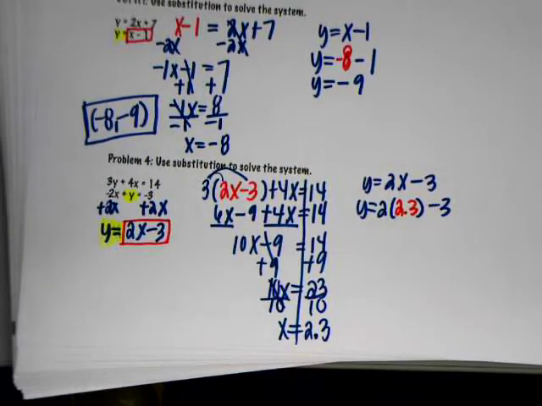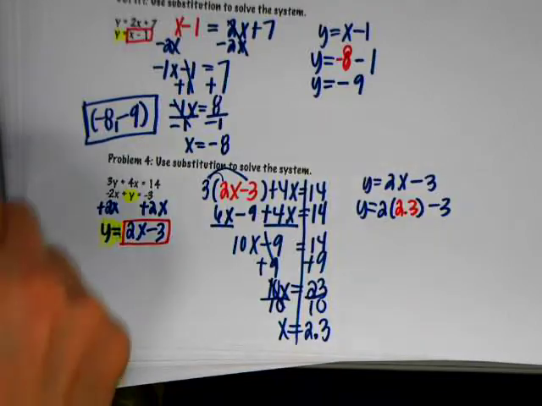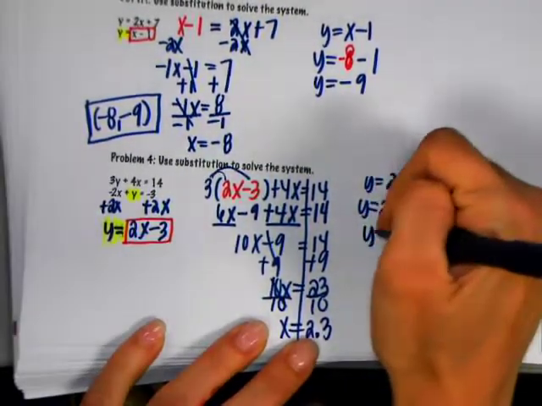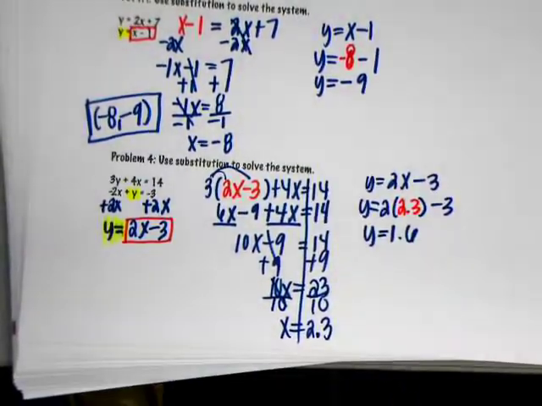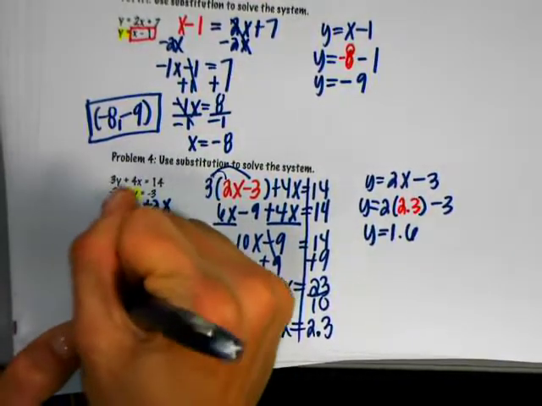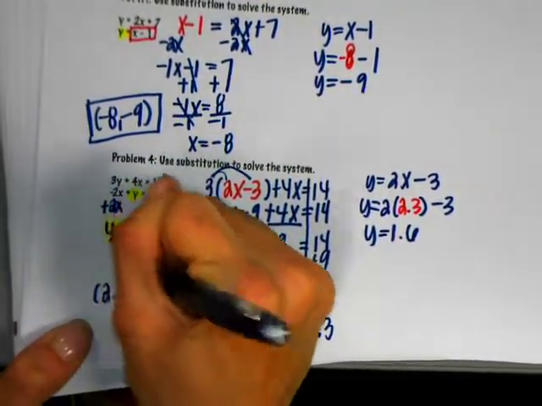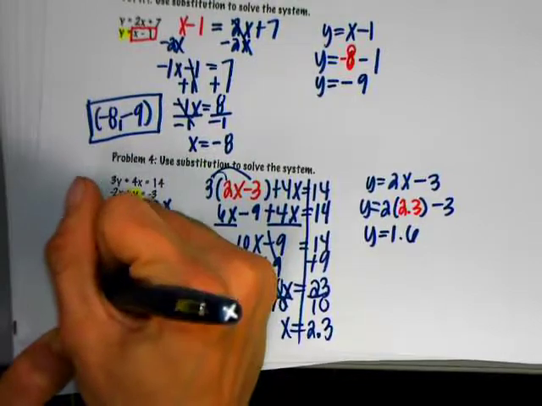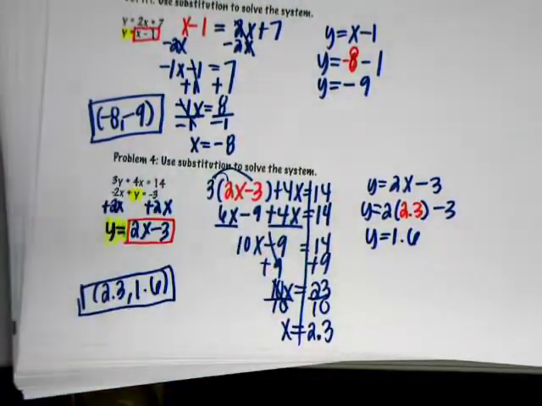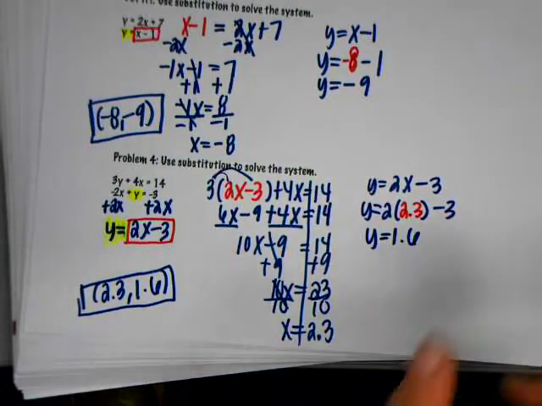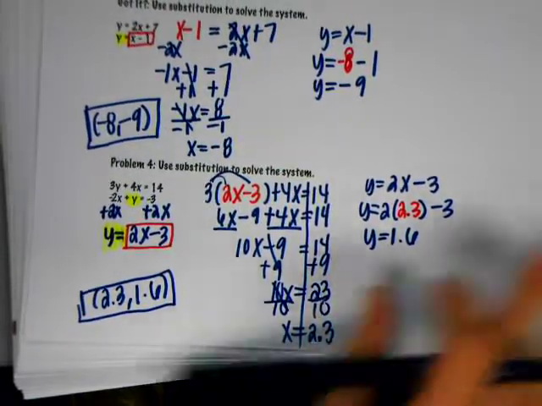Okay, so then when you put all that in, you get 1.6 for y. So your x, y point should be 2.3, comma 1.6. All right, moving on.